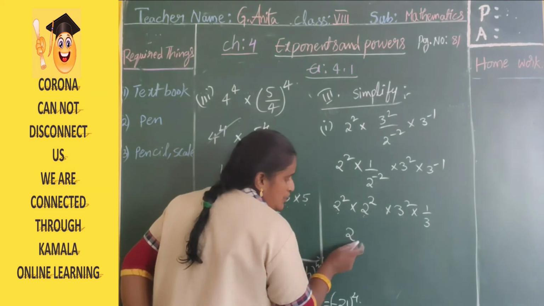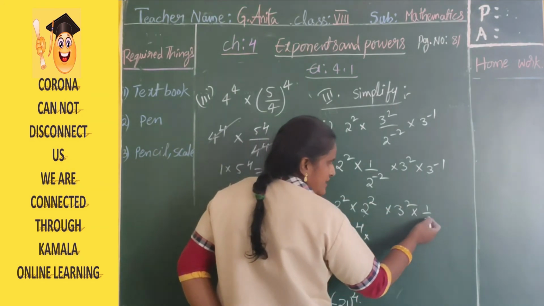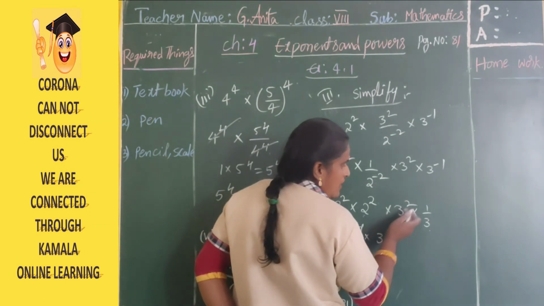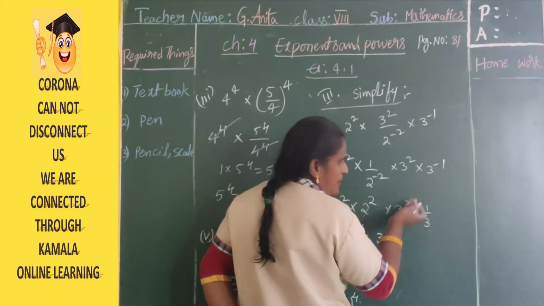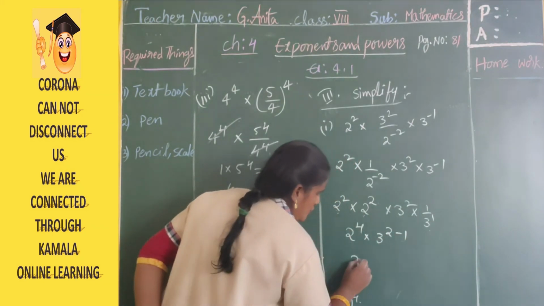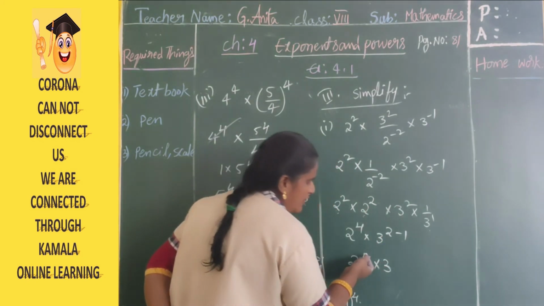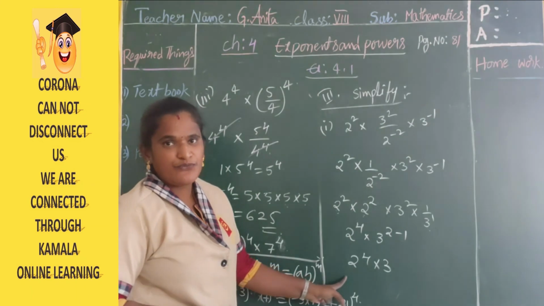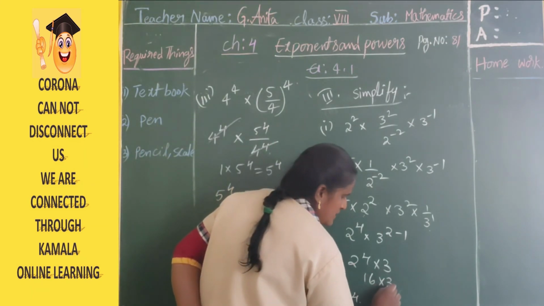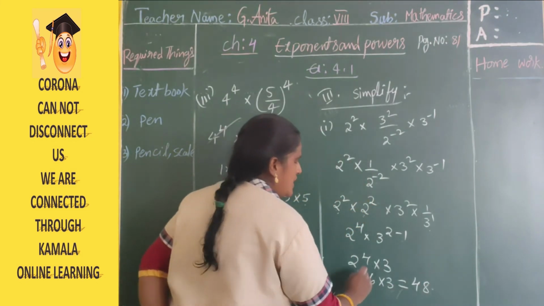So 2 plus 2 is nothing but 4 into, here 3 2 times is there, here 1 time is there, or else use a^m by a^n formula. So 2 minus 1. So 2^4 into 3. 2^4 is 2, 4, 8, 16, 16 into 3. So 16 3s are 48. So this is your answer.